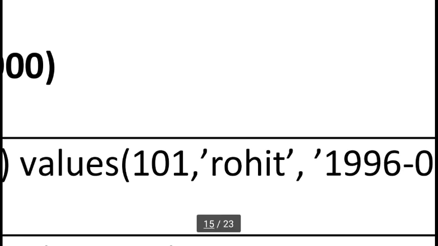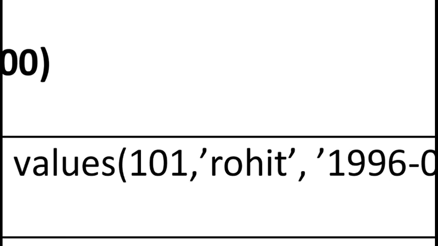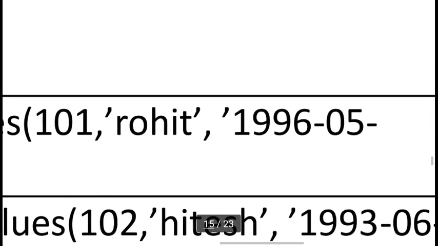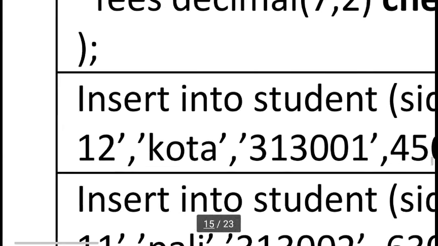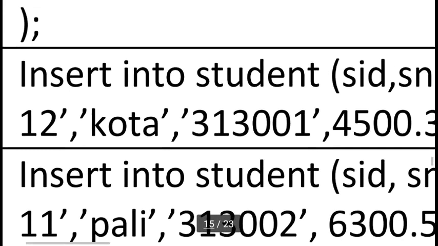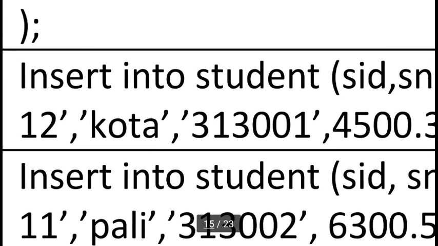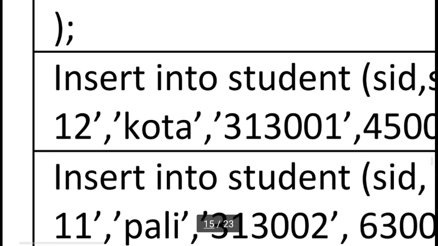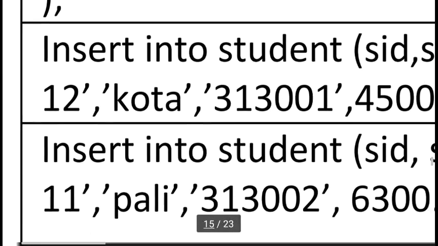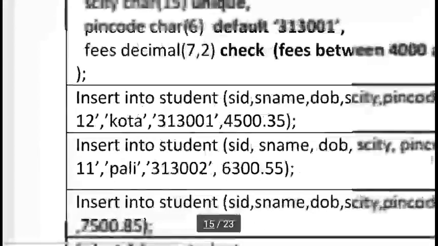Character, varchar, and date data types always go in single quotes. So Rohit in single quotes, date of birth in single quotes, SCT is character so single quotes, pin code is character so single quotes. This is our first record.